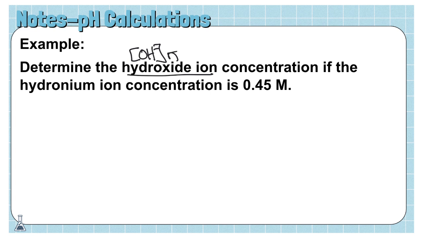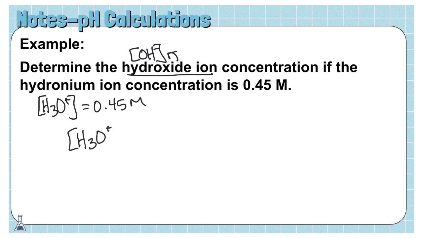If the hydronium ion concentration, which can be written with the hydronium ion, H3O+ in square brackets, is 0.45 molar. So if I know one, I can always find the other, because what we had on the last slide is the hydronium ion concentration times the hydroxide ion concentration always equals 1 times 10 to the negative 14th.